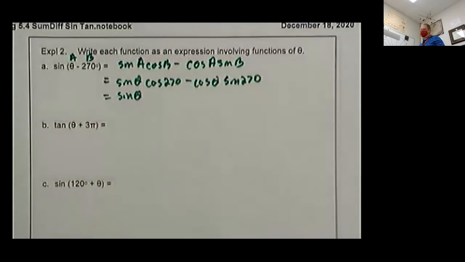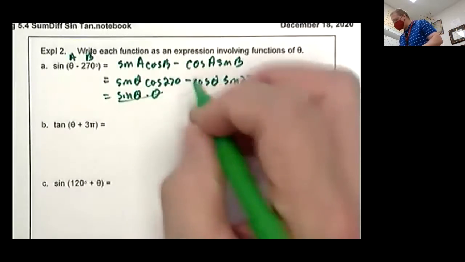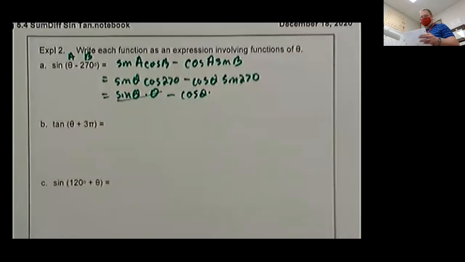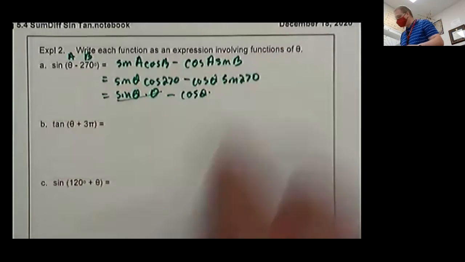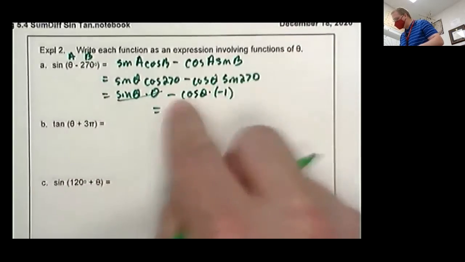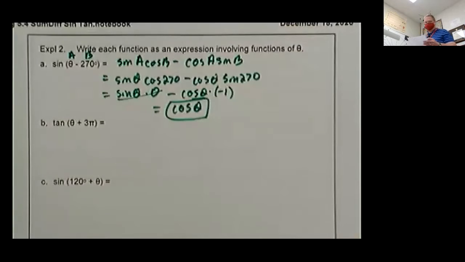Cosine is adjacent over hypotenuse. That's a 0 over 1. So cosine of 270 is 0, which knocks that out, minus cosine of theta. Sine of 270 is vertical. That's going straight down. So this is a negative 1. That went to 0. Negative times negative cancels, leaving us with cosine of theta.